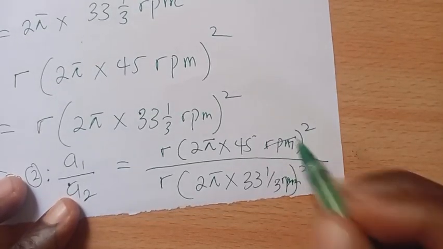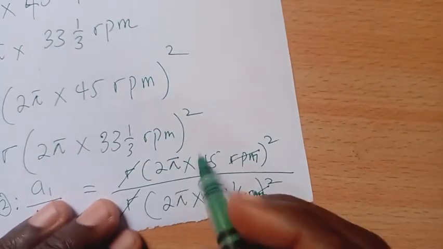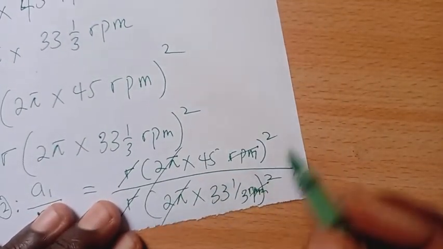You can see the rpm units cancel, R cancels R, and in fact the 2 pi also cancels 2 pi, with the square.